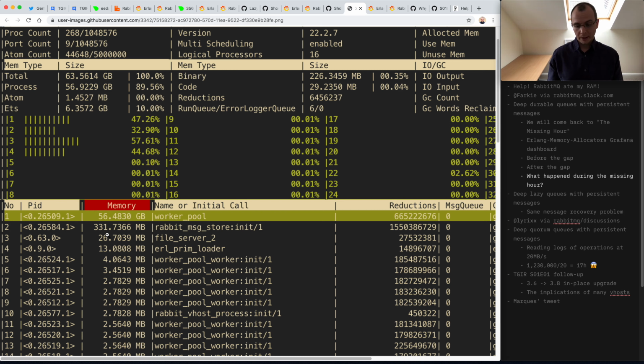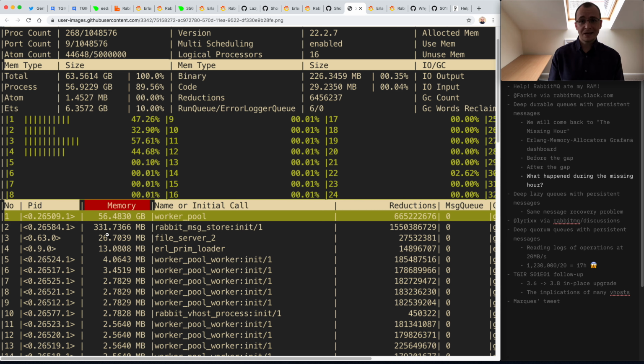The worker pool is a manager of workers, and we are using worker pool in RabbitMQ node to perform all sorts of tasks. In this case, we are using different workers to rebuild the indexes and to rebuild the state, the view of the queues when a node boots. Now, the worker pool must be constructing a very, very large data structure.